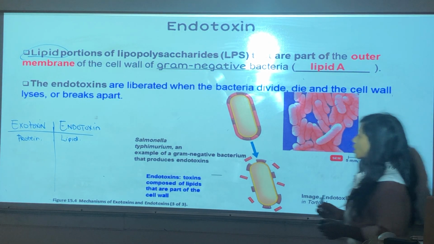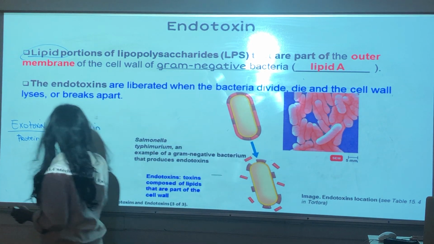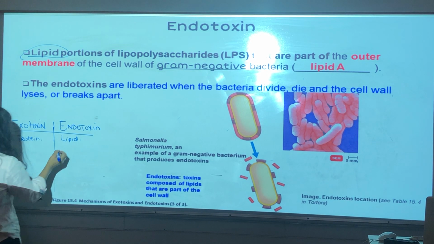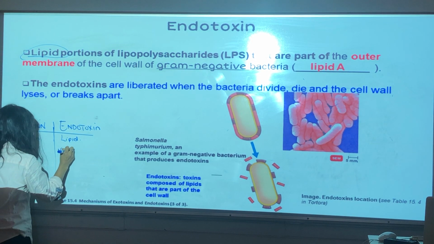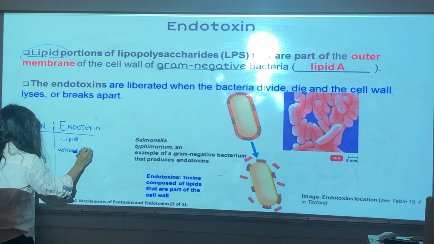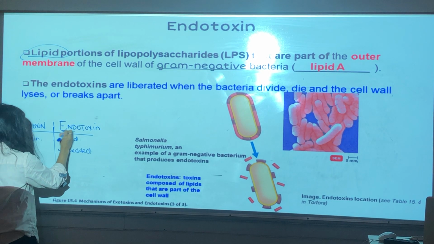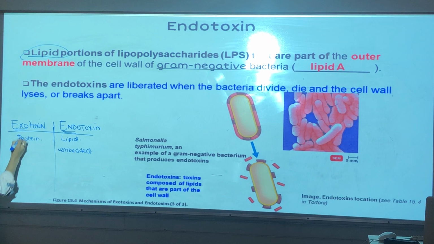The endotoxin is going to be in the outer membrane, which means in this case it is embedded. It's stuck in the cell wall. So endotoxin is embedded, exotoxin is released or secreted.